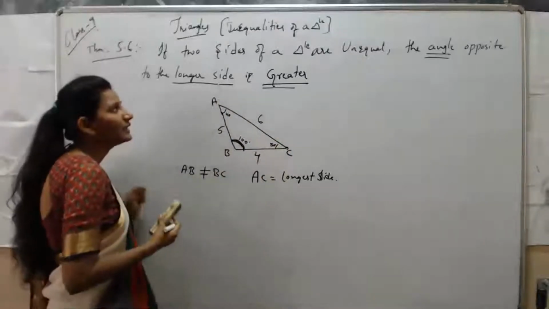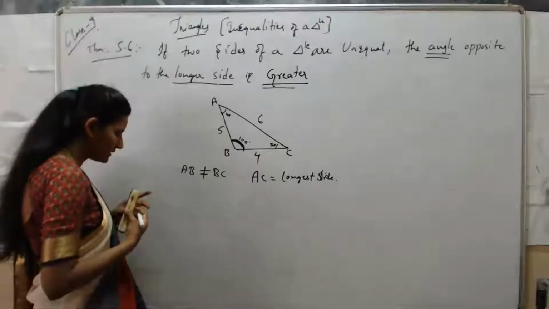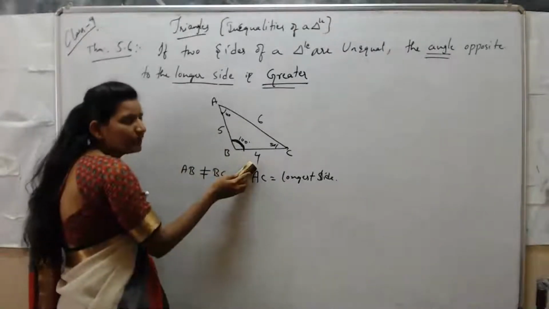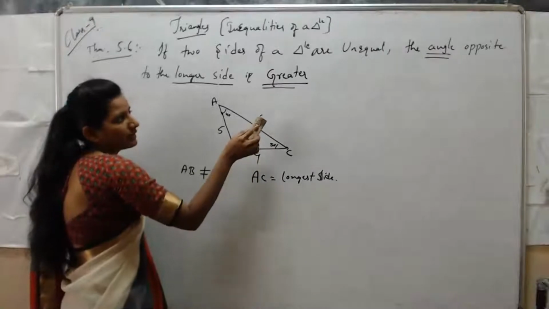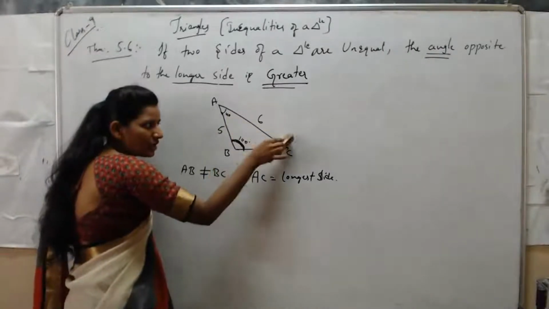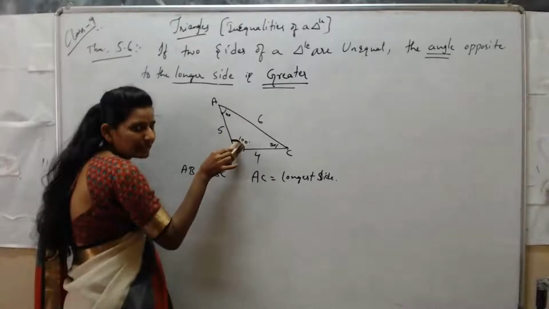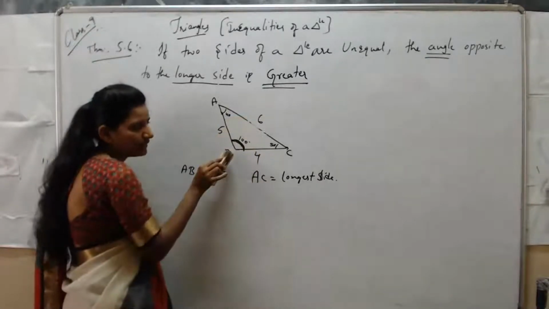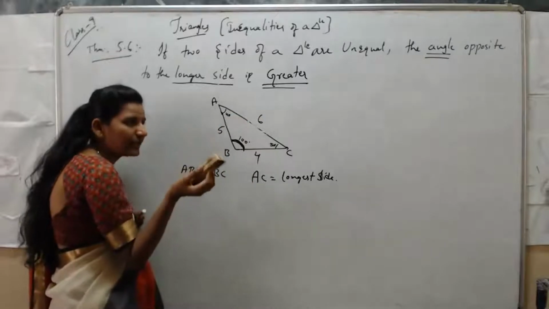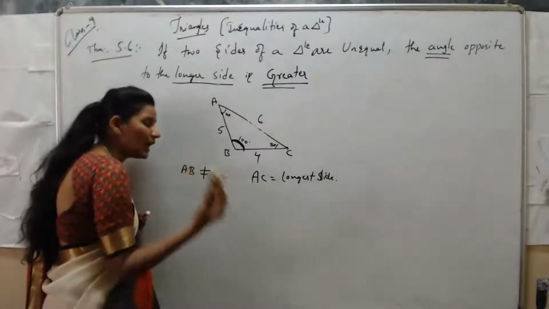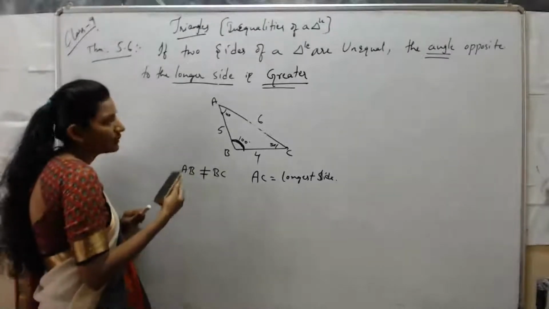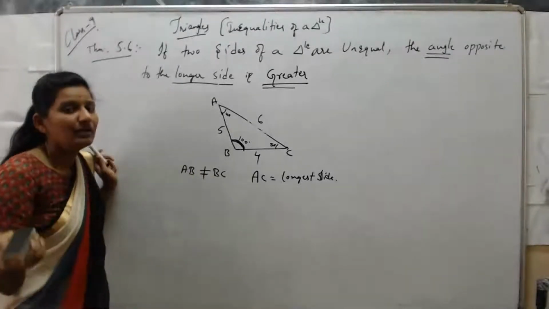This theorem says that if these two sides are unequal, then the angle opposite to the longest side will be the greater angle, which means the larger angle. This is what theorem 5.6 says.